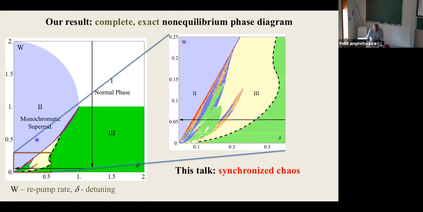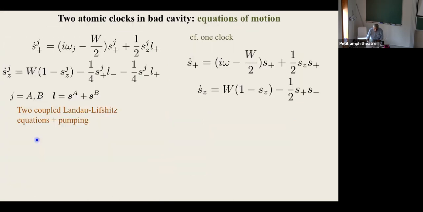So first, let's set up equations for 2 atomic clocks. They are like 2 copies of the single clock equation, except now each spin is coupled to L, being the total spin. So you can think of them as 2 coupled Landau-Lifshitz equations plus pumping.